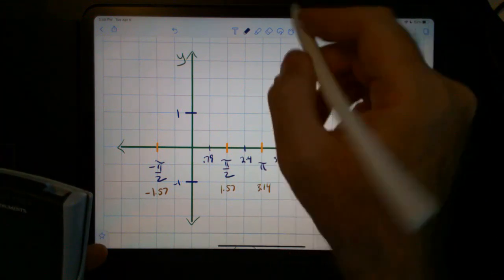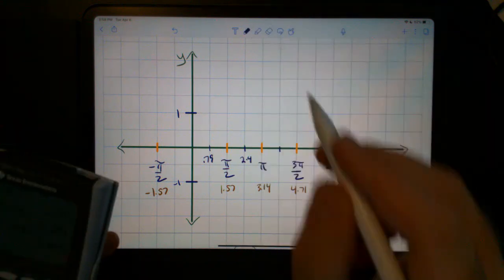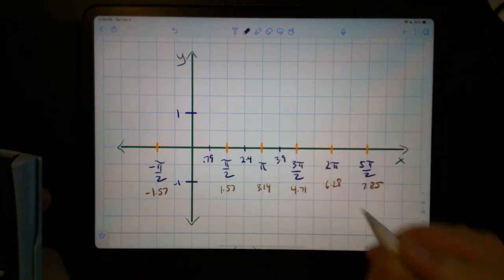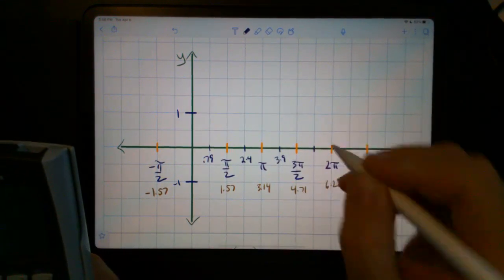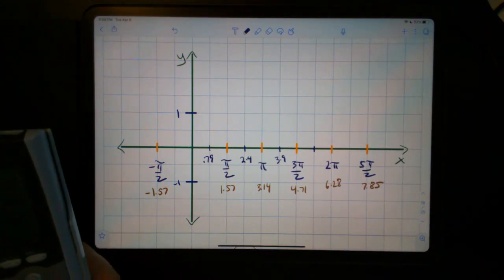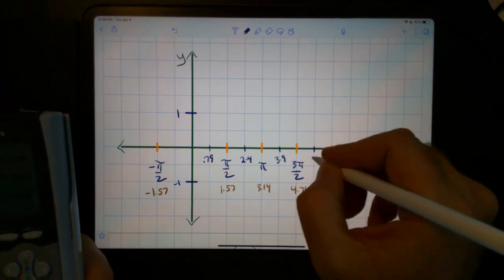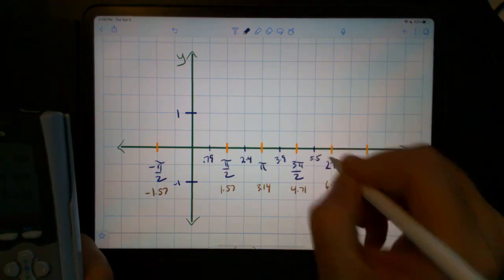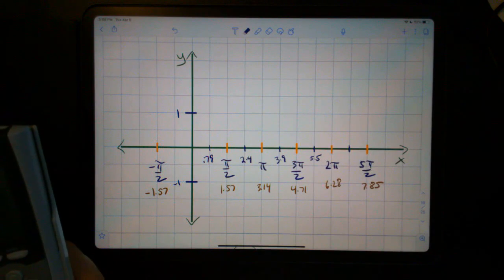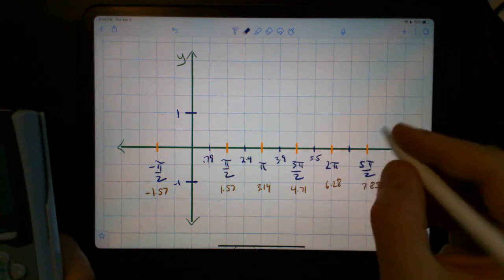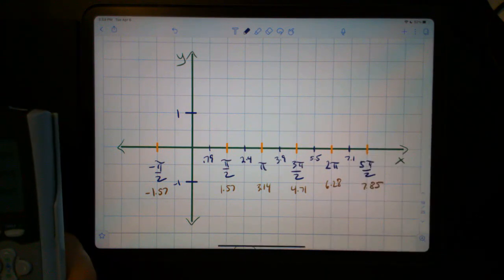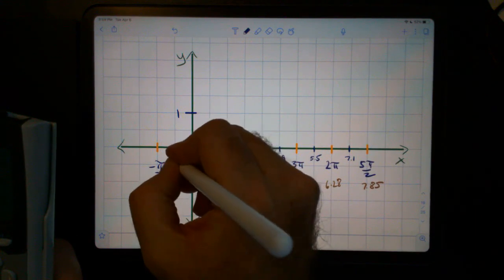These are just really rough approximations. I mean, I am using a calculator to help me, but they're still rough approximations. This is going to be about 5.5. Why not do one more? It's about 7.1. And this will be negative 0.79.